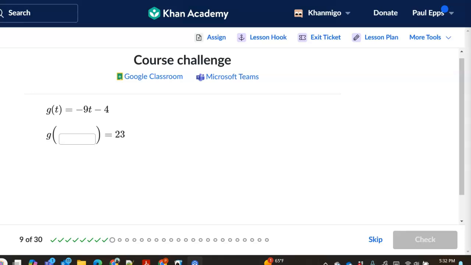Wait, 4. I'm sorry. Forget the 4 for a second. To get that to equal 23, negative 9t has to equal 27. And then we subtract 4 and we get 23. So how can we get negative 9t to equal 27? That would have to be g of negative 3.